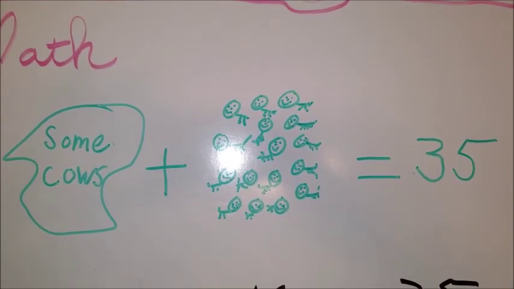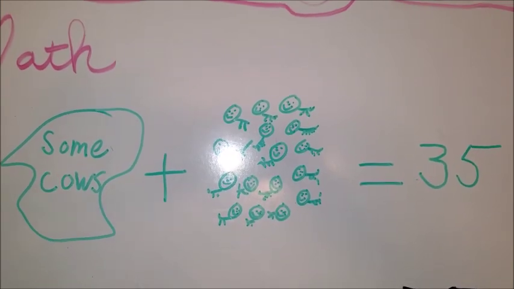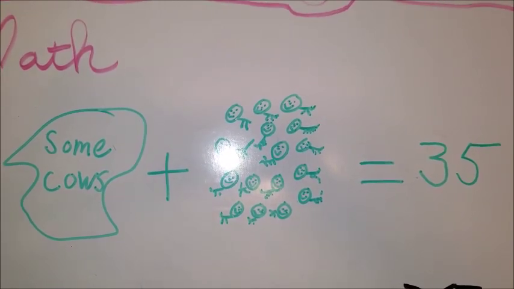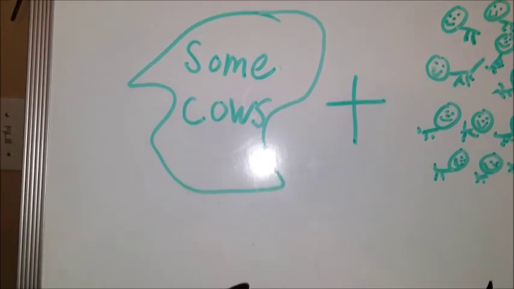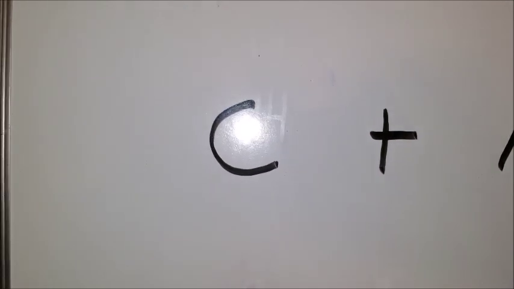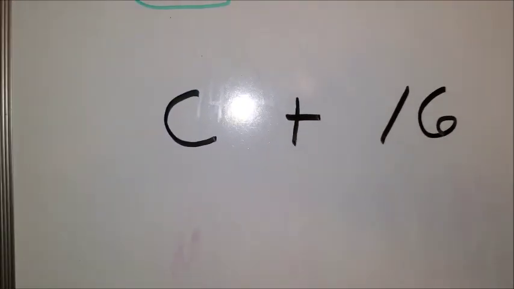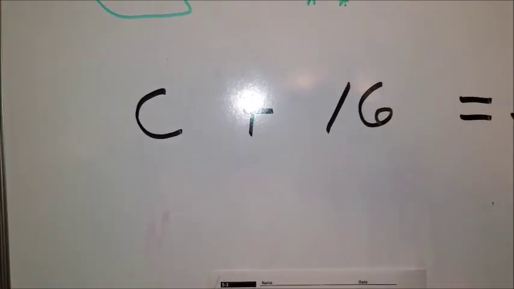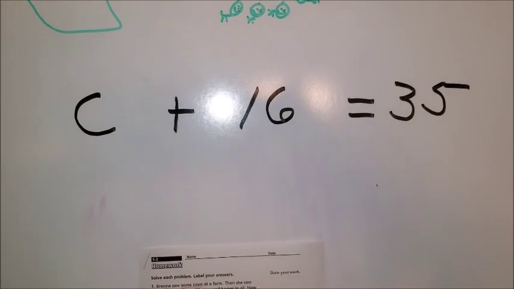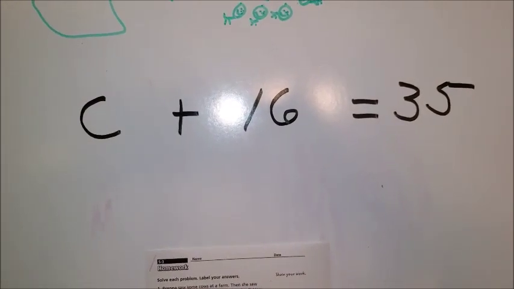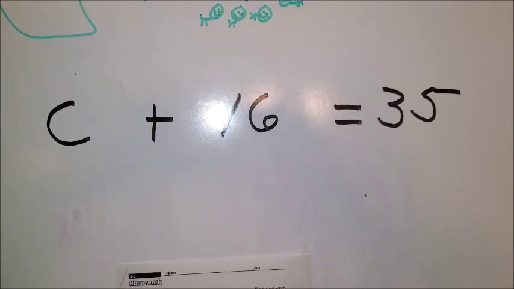So let's write an equation with numbers for this picture equation. We have some cows, which will be represented by the variable C, because we don't know what that is, plus the 16 horses they were with equals 35, the total or sum of all those animals.